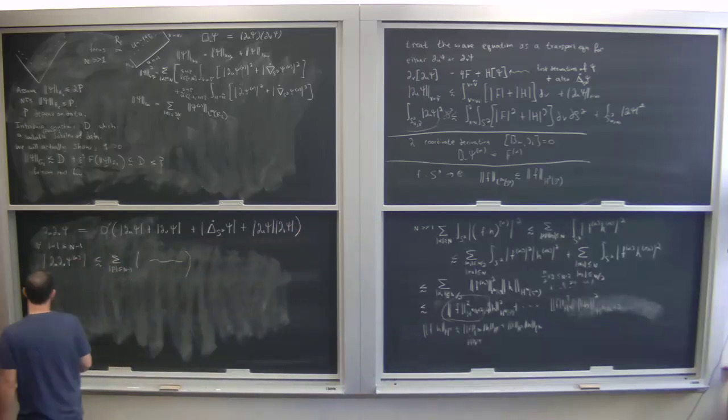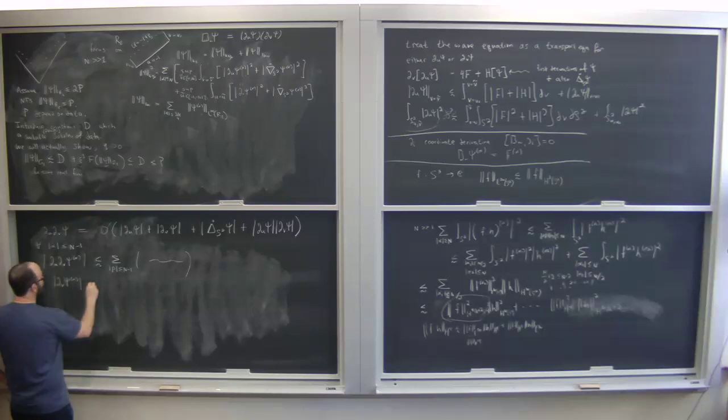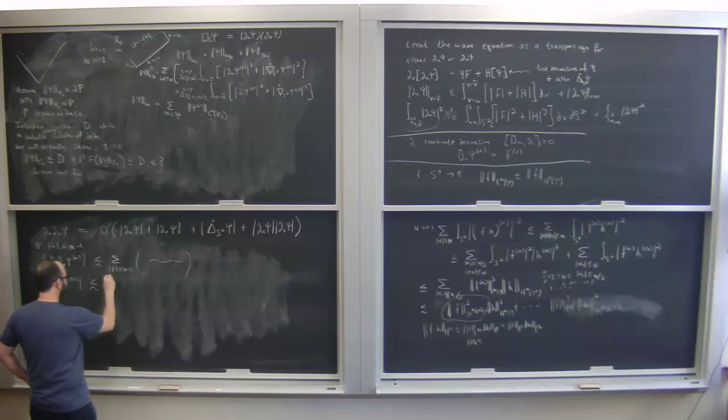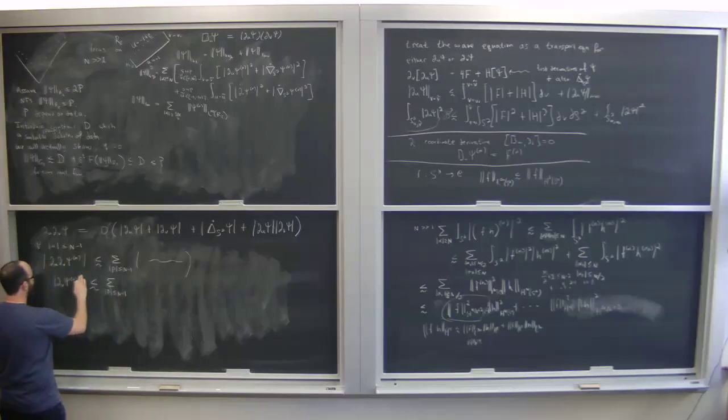All right, and so what's going to happen? I'm going to be interested in controlling this d by dv norm. So I have d by dv here, and this will be less than the integral of the sum over beta.